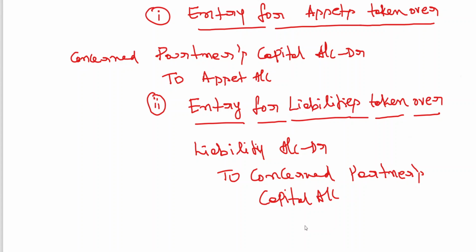In simple words, assets and remaining liabilities at revised value, rather than agreed value. Revised value means when you go for revaluation account. Revised value of assets not taken by the partners and liabilities not taken by the partners, and capital account, has to be transferred to a new firm.